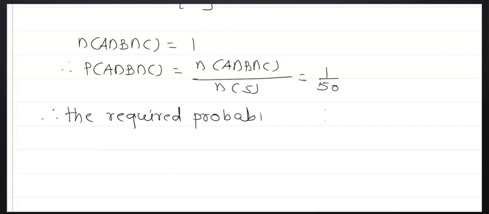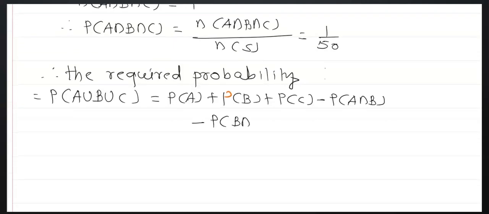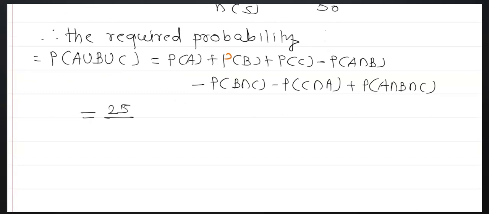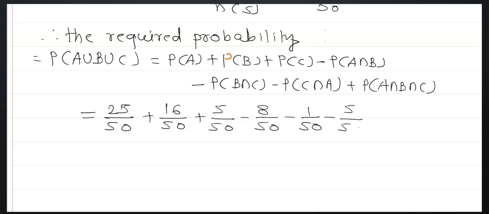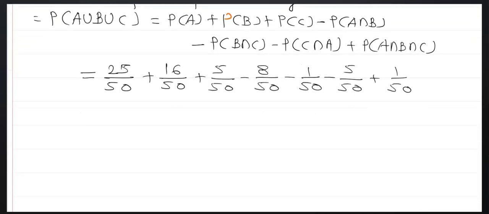The required probability, that is the probability of A union B union C, is equal to P(A) plus P(B) plus P(C) minus P(A intersection B) minus P(B intersection C) minus P(C intersection A) plus P(A intersection B intersection C). Substituting the values: 25 upon 50 plus 16 upon 50 plus 5 upon 50 minus 8 upon 50 minus 1 upon 50 minus 5 upon 50 plus 1 upon 50.